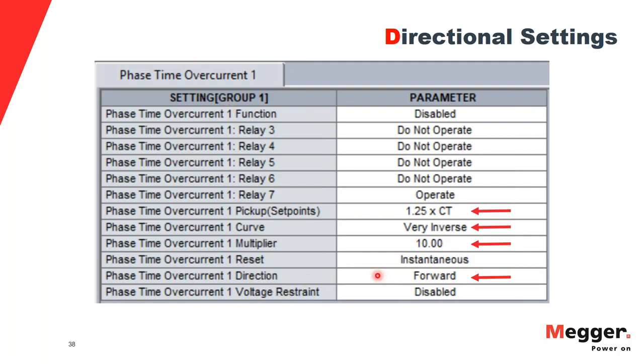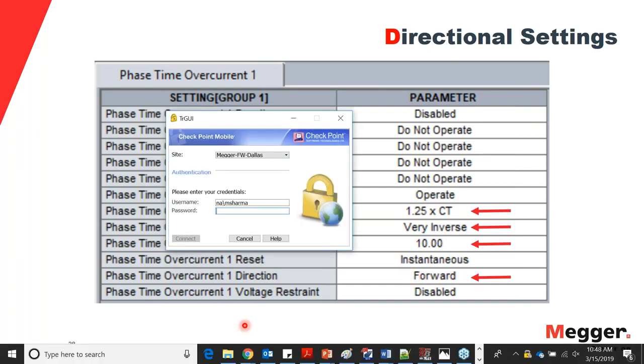It is forward, meaning the relay would operate the time overcurrent element when it sees the fault in the forward direction. So even this setting is quite important to see when the directional element is going to block the overcurrent and when it is going to allow the overcurrent to trip.